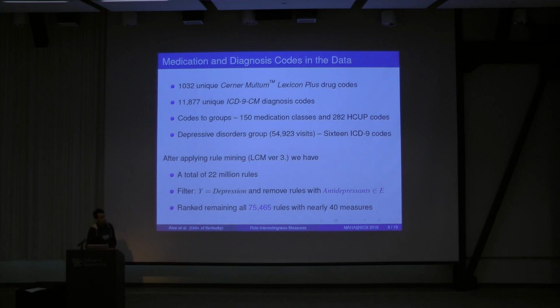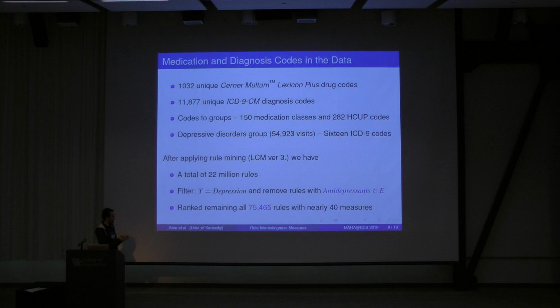We are using LCM version 3 to get the association rules from our data. With the thresholds I told, we have 22 million rules, and then we filter them.